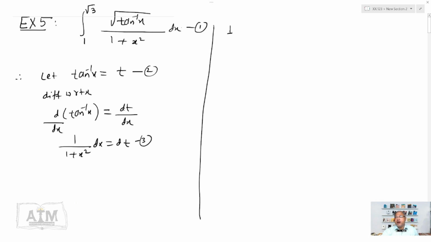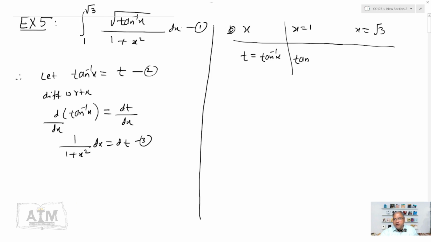After that, we have to get the new limits. Here is x and here is t, and t equals tan inverse x. Here x equals 1 and x equals root 3.